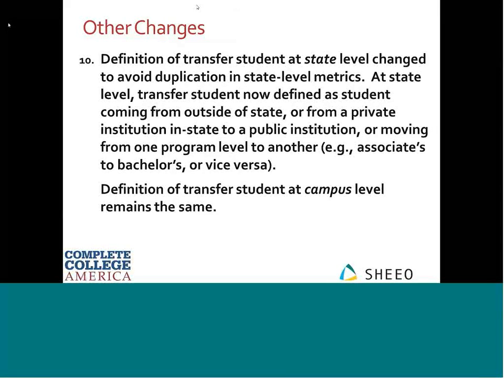So we've tried to align the transfer definition with access to success metrics, and what this does is avoid a problem that we would have had previously or could have had previously with double counting students. So that at the state level, transfer student is a student who transfers from outside the state or from a private institution in the state or moves from one program level to another.